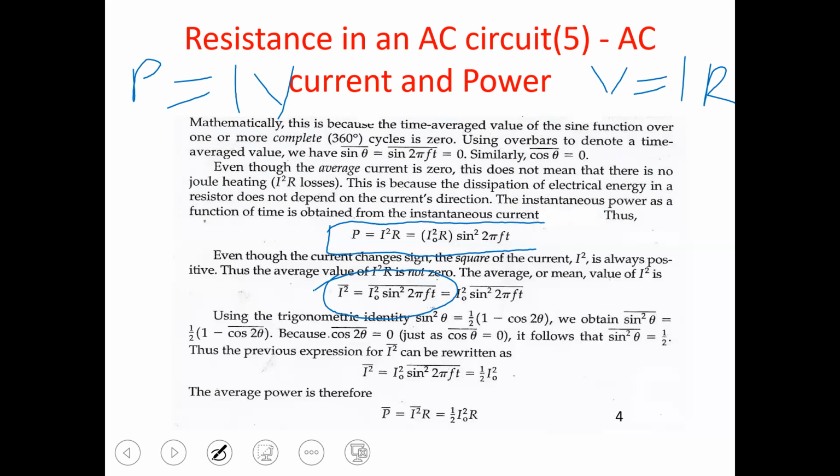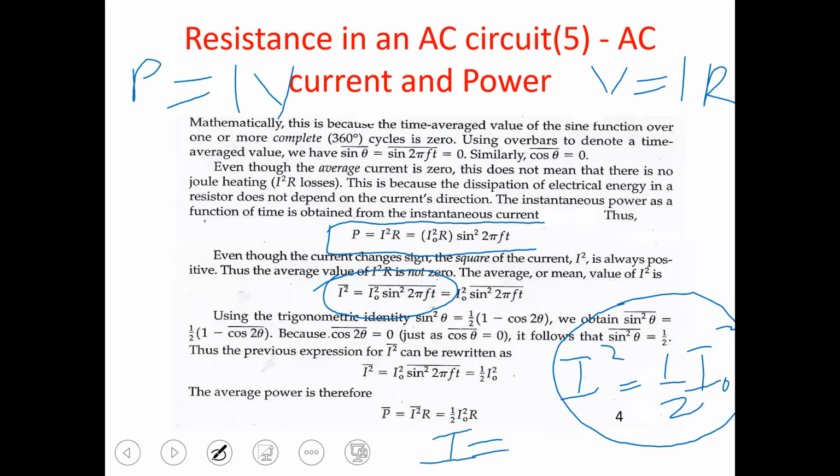When you do that, it's easy for us to say that the average of I squared is equal to half I naught squared. This I naught, we know to be the peak current, while I is the instantaneous current. So from this expression, we can come to say, what is I? That I will be the square root of both sides, right?